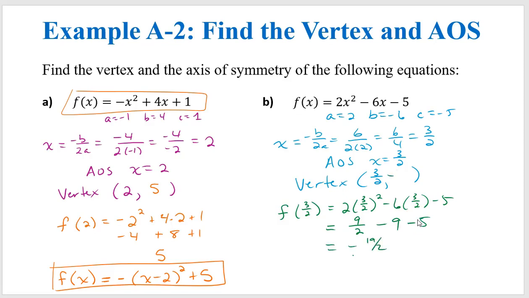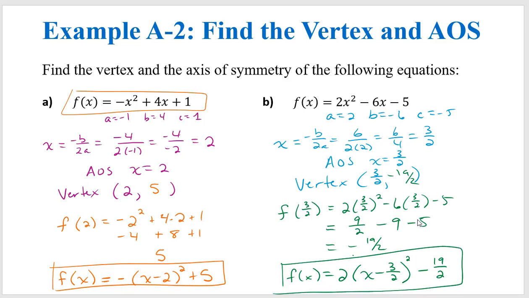So that is the other part of my vertex. And if they did ask you to write the equation in vertex form, it would be f(x) equals your a value, which is 2, times x minus your h value squared, plus your y value. So this and this are going to be exactly the same. If you were to multiply it out, you would get the same answer.